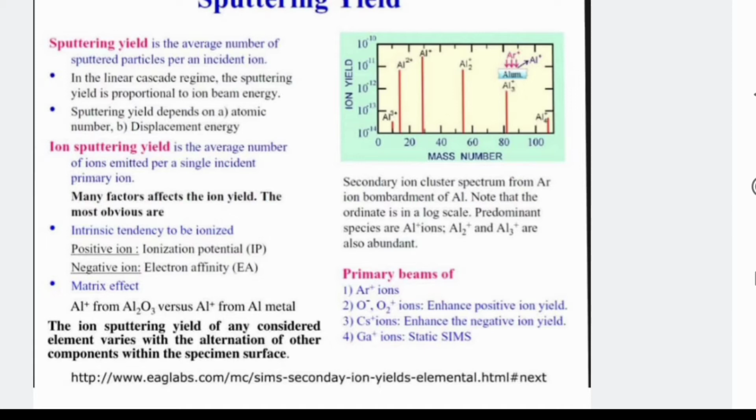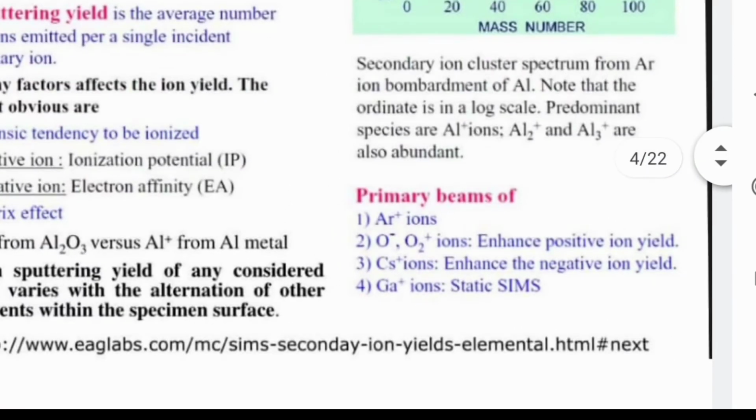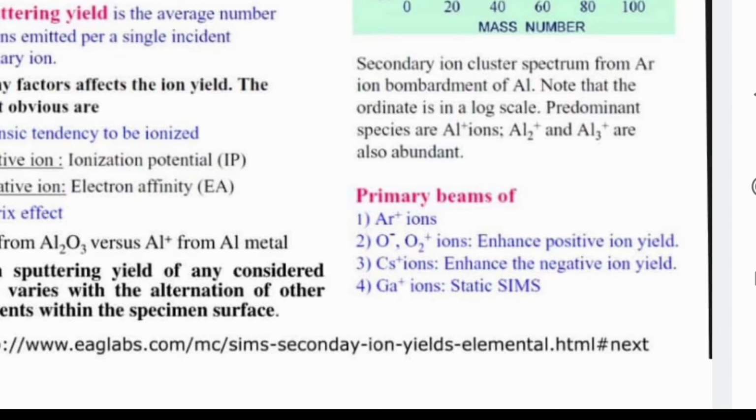The intrinsic tendency to be ionized, as we have already seen, depends for positive ions upon the ionization potential. For generation of positive ions we use oxygen negative as the source, which must be capable of extracting that electron.